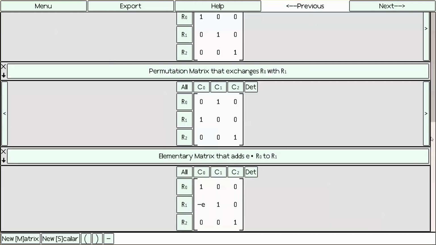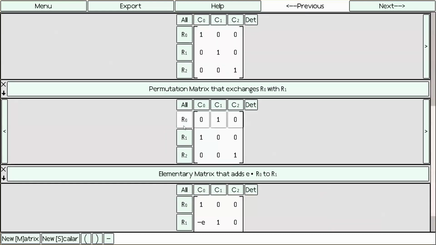So the new matrix M equals the permutation matrix times the generic matrix G, and row 1 and row 0 have been swapped. This is because row 0 and row 1 in the original permutation matrix have been swapped. So that's how a permutation matrix works.